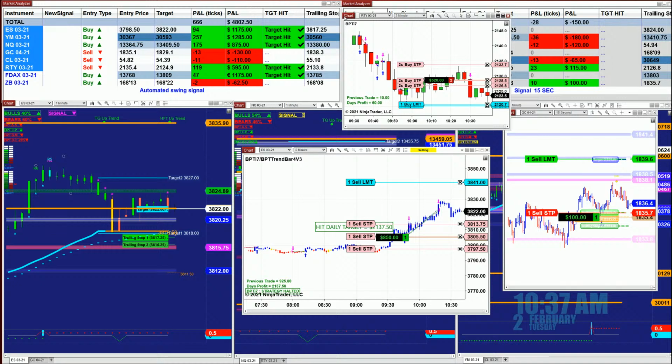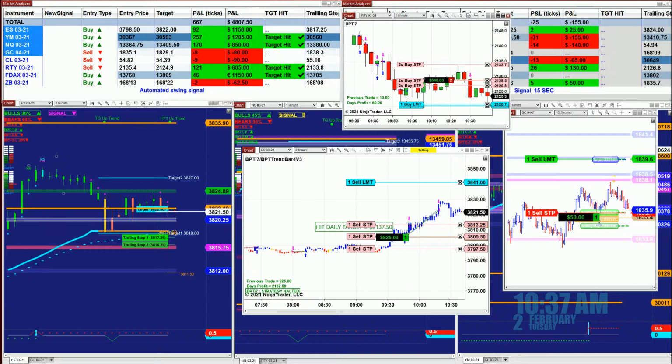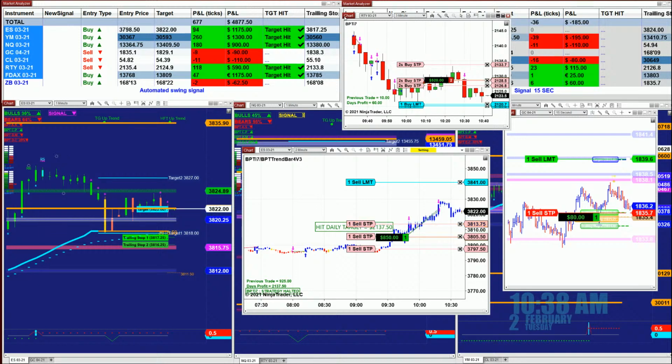The 1 minute ES is not a Renko bar. It's not a BBT Renko bar, by the way. It's not any Renko bar. It's not a range. It's not a tick chart. When you look at the 1 minute ES, it is the most tradable chart. And we predicted immediately on the ES from the 1 minute that the scalper new signal short is not going to survive, and it did not survive.